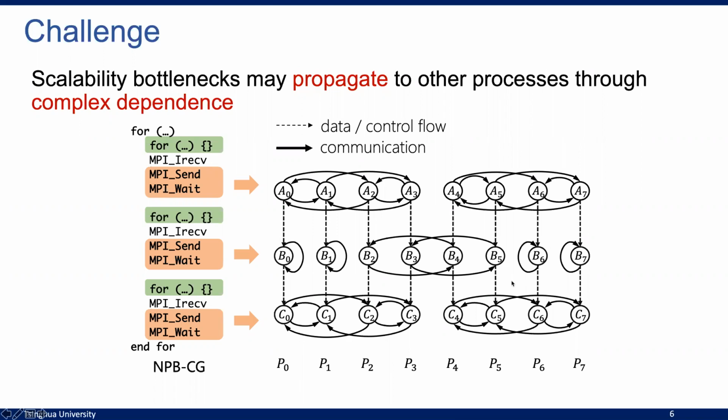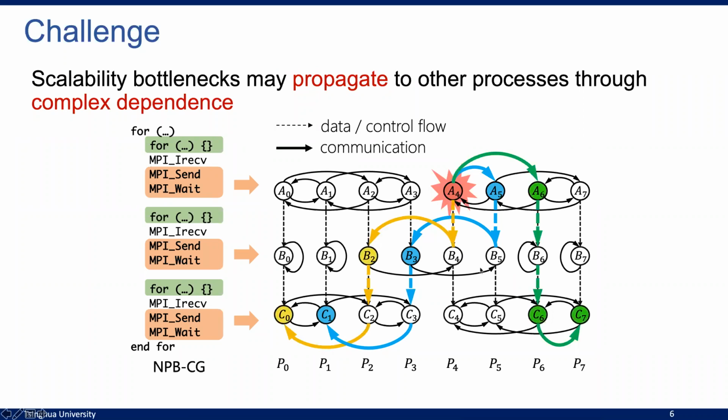Now, if a scalability bug exists in A4, it will cause a waiting event in A5 through the first point-to-point communication. Then B5 will be delayed, and the scalability bugs will propagate to other processes. And finally, it forms a propagation path.